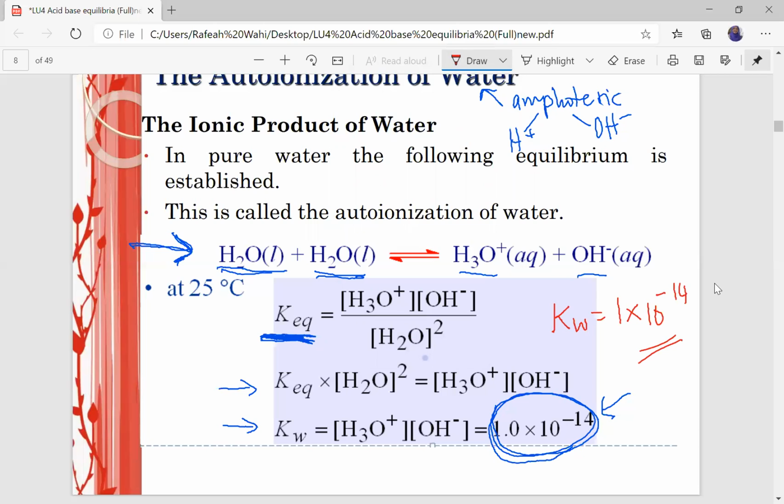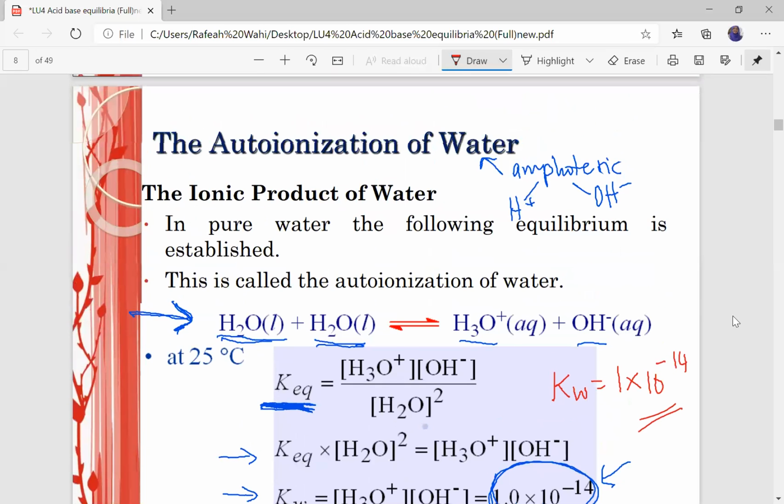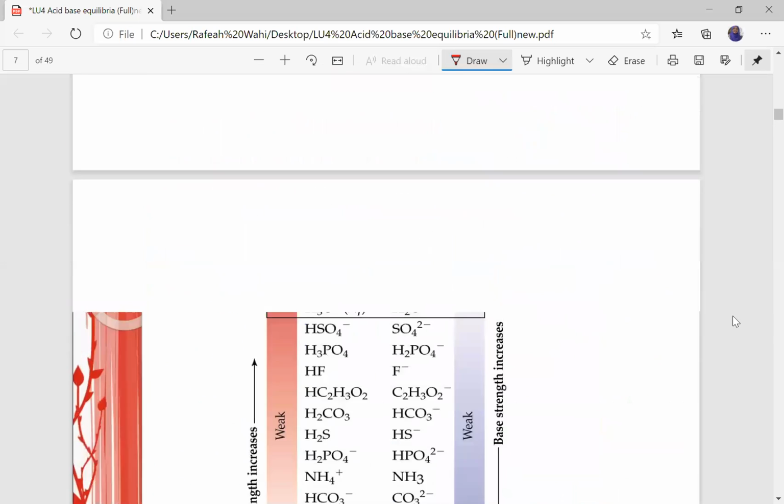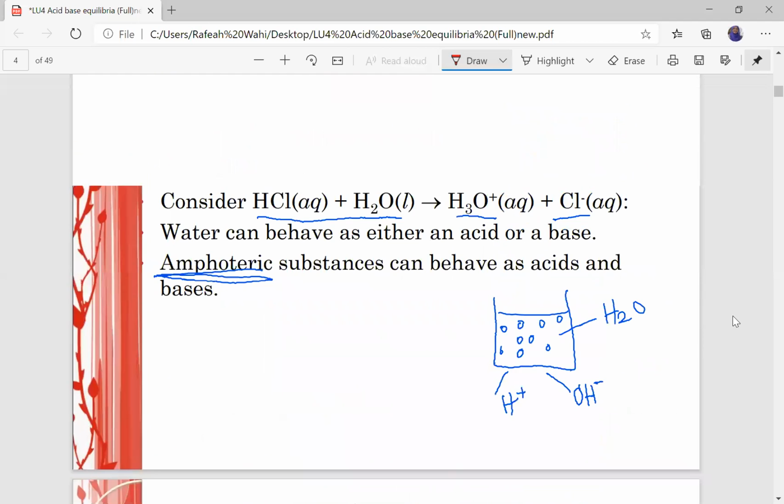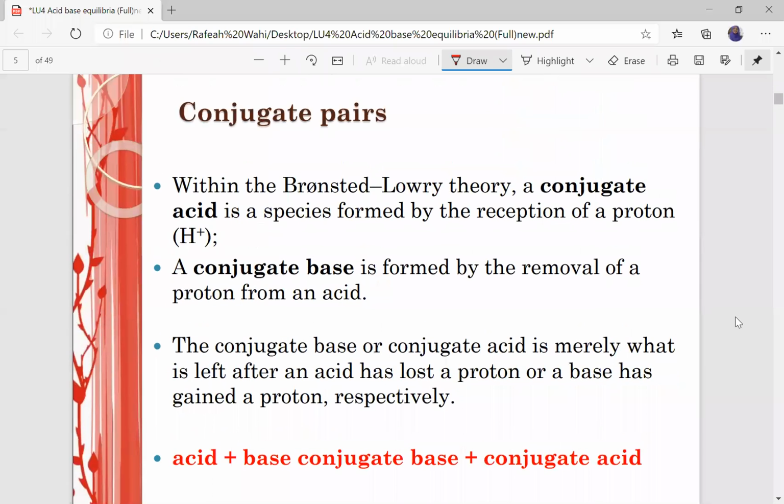Okay, let's go back to the previous slide. I was explaining the auto-ionization of water just now, because we were talking about the amphoteric properties of water. Right now, let's talk about the conjugate pairs. Whenever we talk about any acid or any base, they always come with a conjugate pair.